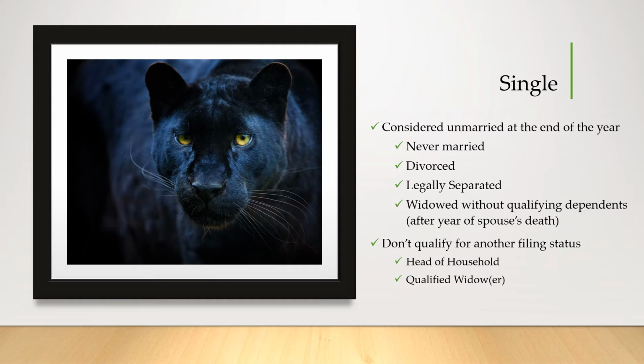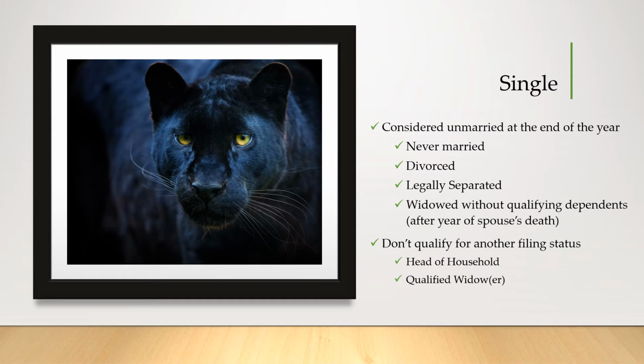It's really important to remember that not every widow or widower will qualify as a qualifying widow or widower. There are special rules, special qualifying circumstances that allow somebody to claim that.